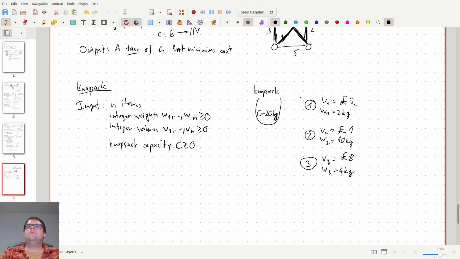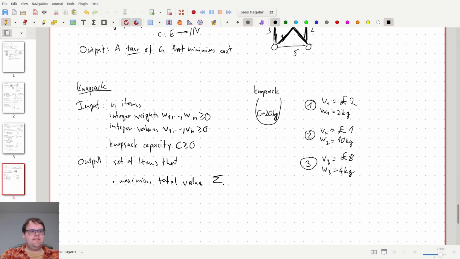So the idea with this problem is you want to pack as much value as you can while still being within the capacity. So the output is going to be a set of items that, first of all, maximizes total value.